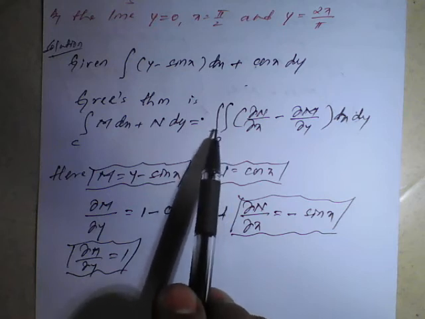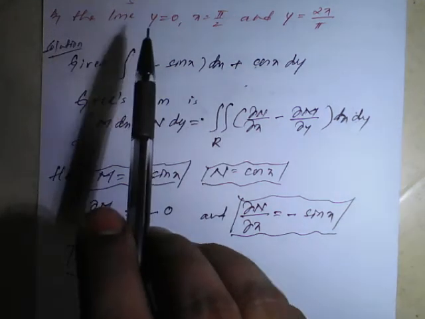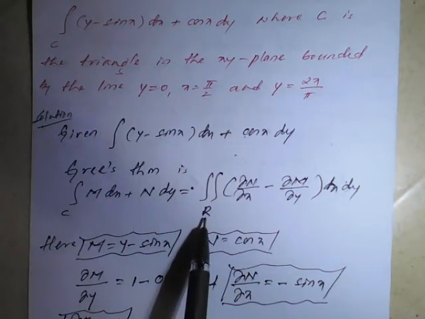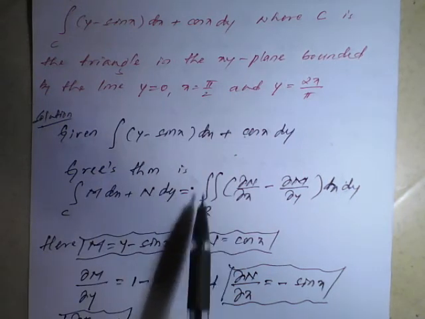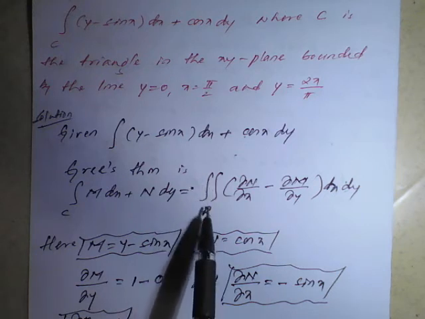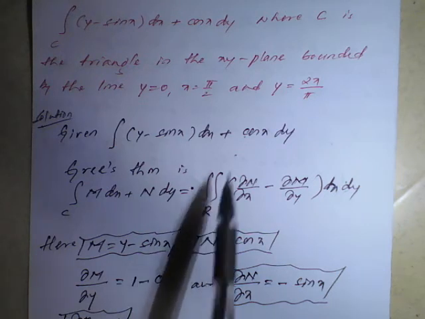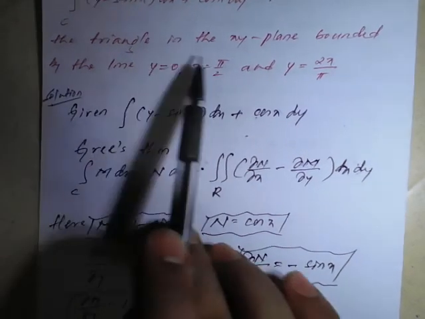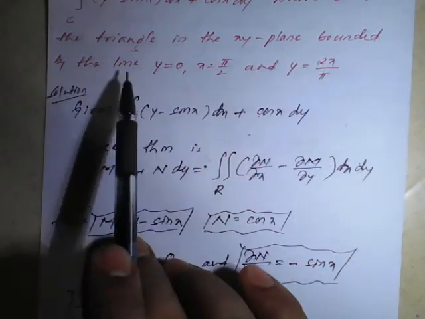For this integration we have to apply the given triangle area, because this belongs to R. R means we have to apply the values for the upper and lower limits of the given integral using the given area. C is the triangle in the xy plane bounded by the lines.